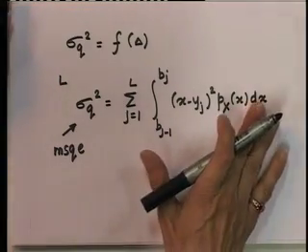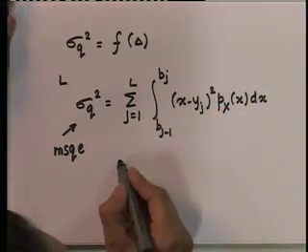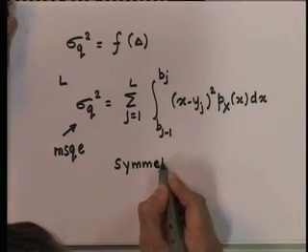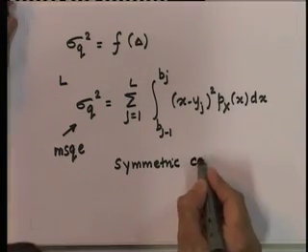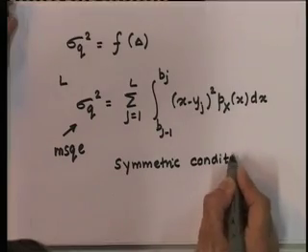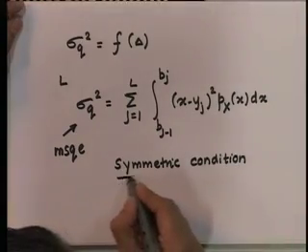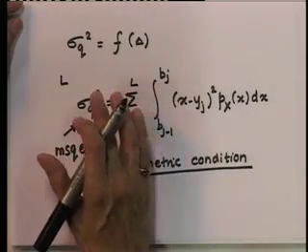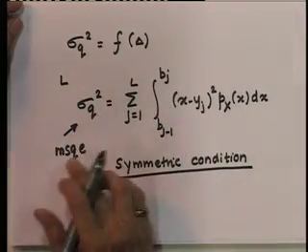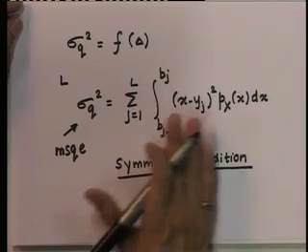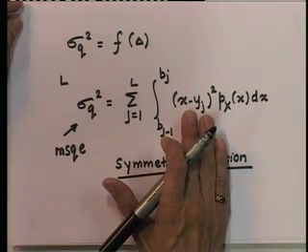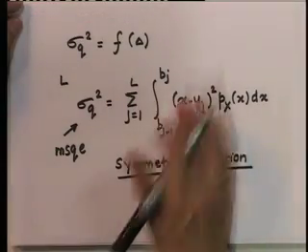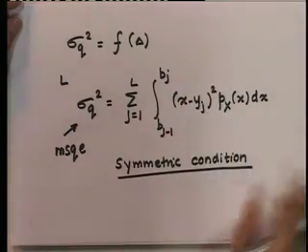Now, as we are dealing with a symmetric condition, we need only compute the mean square quantization error for positive values of x. The mean square quantization error for negative values of x will be the same.